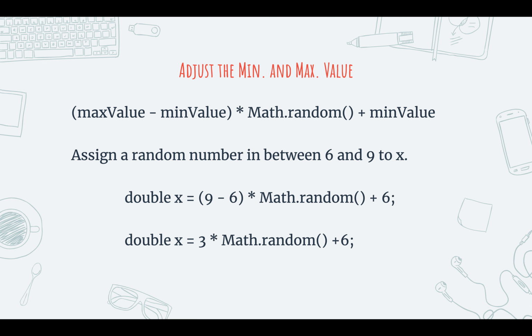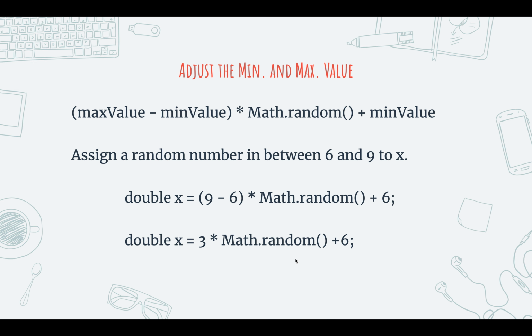And since the minimum value is 6, we add 6, because again, if math.random spits out a 0, we want to make sure that 6 is there to bring it up, right? So what is 3 times 0? 3 times 0 is 0. 0 plus 6 is 6. And we know that 0 is the lowest number that math.random can spit out.